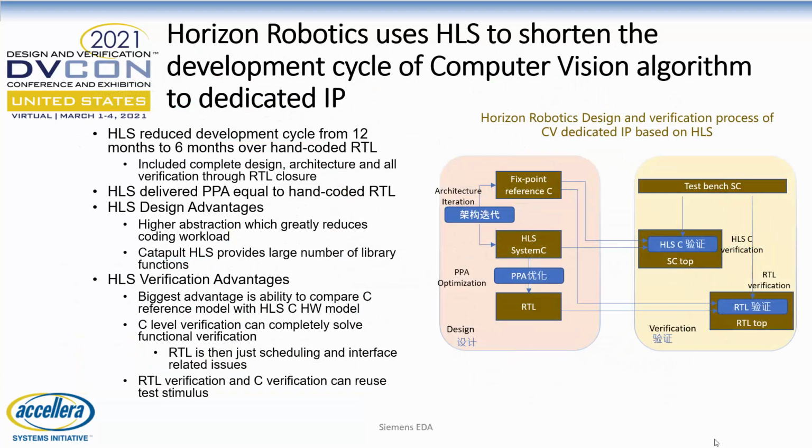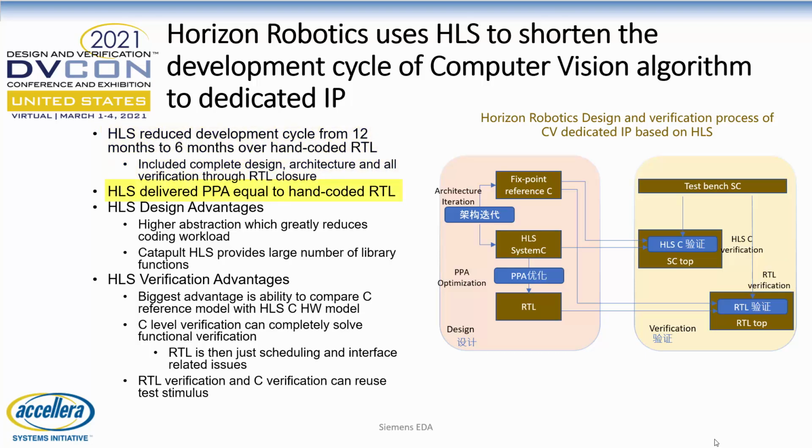Another customer, Horizon Robotics, used HLS to shorten their development cycle of a computer vision algorithm for dedicated IP. Their use of high-level synthesis, SystemC, and MatchLib reduced the development cycle from 12 months to 6 months compared to a hand-coded RTL design flow. This included the complete design, the architecture, and all of the verification through RTL coverage closure.